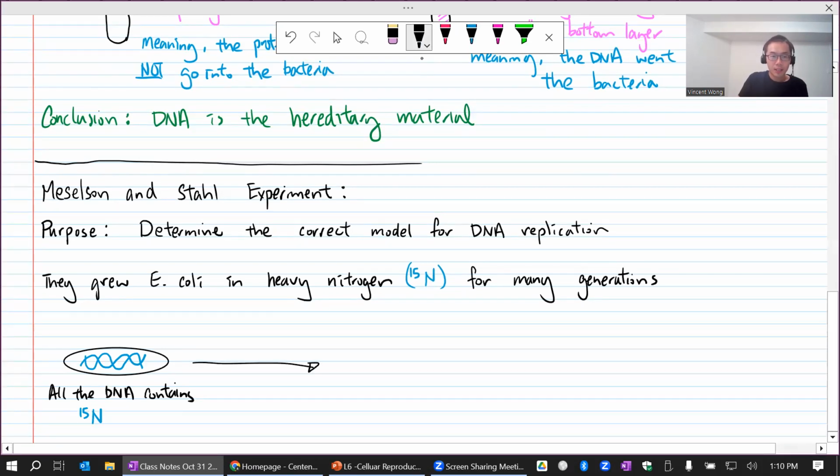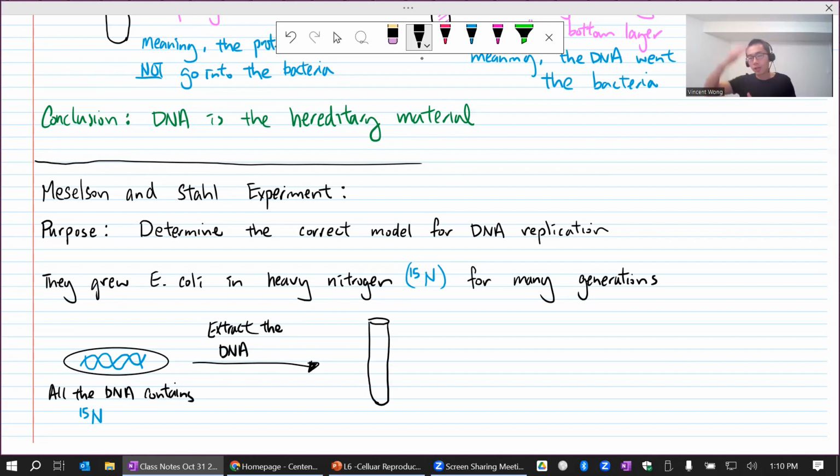So if we extract the DNA, and you separate them in a test tube. Long story short, you can think of the test tube as being filled up with something similar to syrup. Then you let the DNA go in there, and it will either go to the bottom, or middle, or the top, depending on how heavy it is.